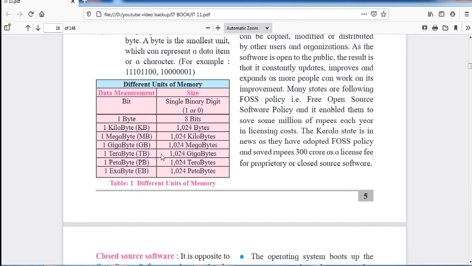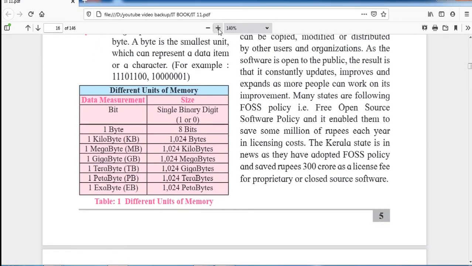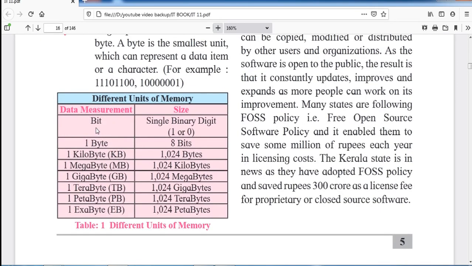Then see the different units of memory from a larger perspective. A single binary digit, either 0 or 1, is known as a bit.